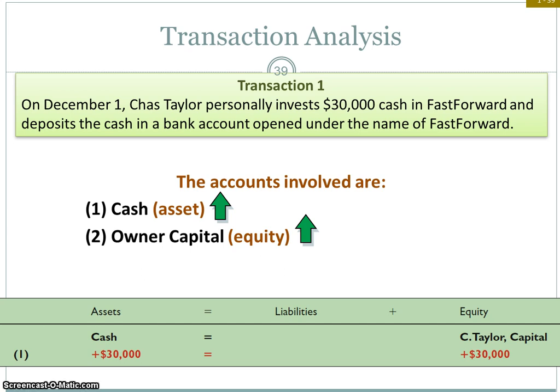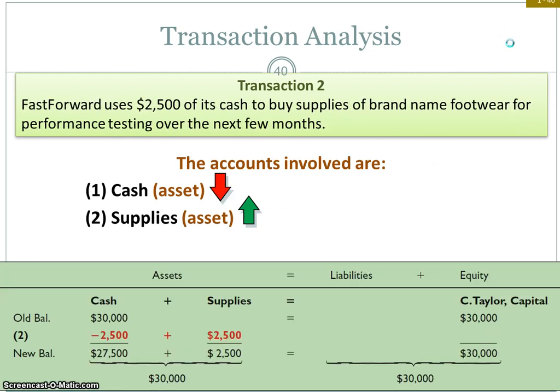What you would record is $30,000 in cash, and on the other side of the equation, you would report $30,000 in the capital account or the equity account. Now you have a balanced transaction. Your assets equal your liabilities plus equity here. And we'll do a variety of transactions to demonstrate this.